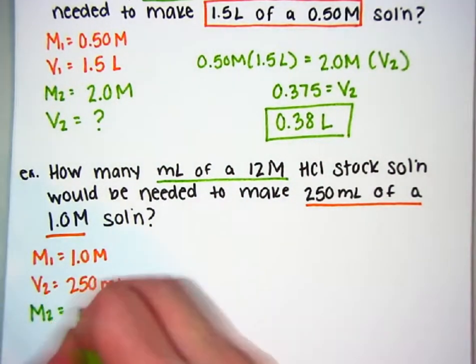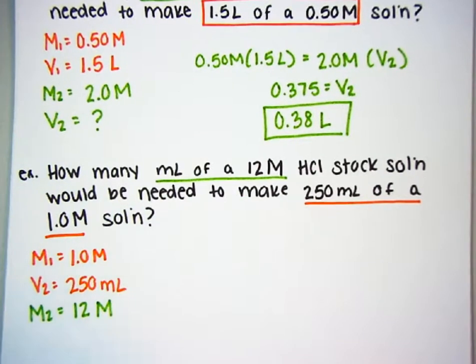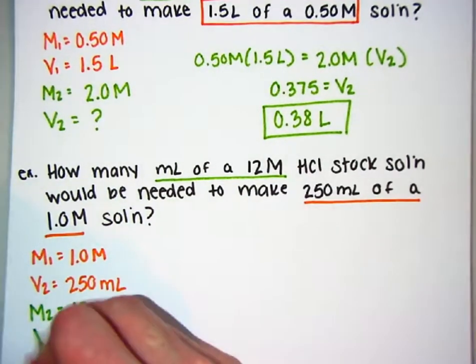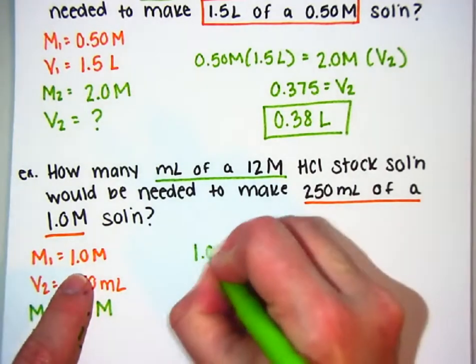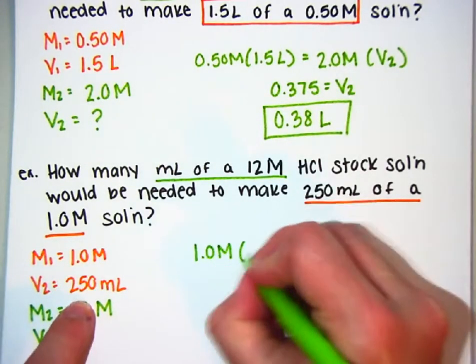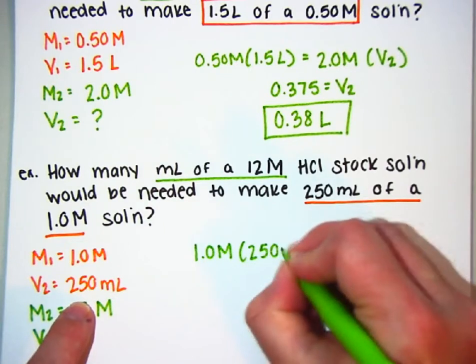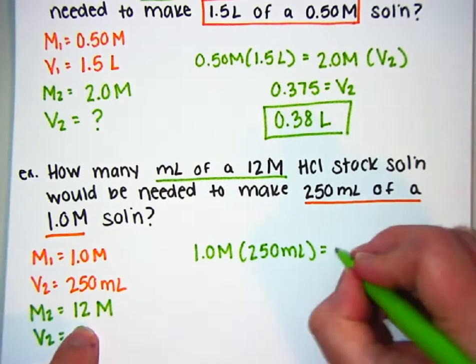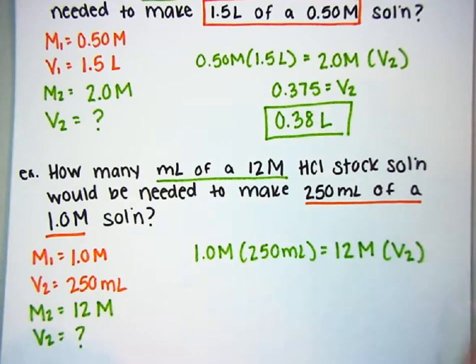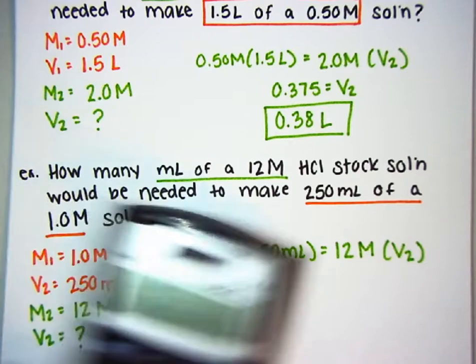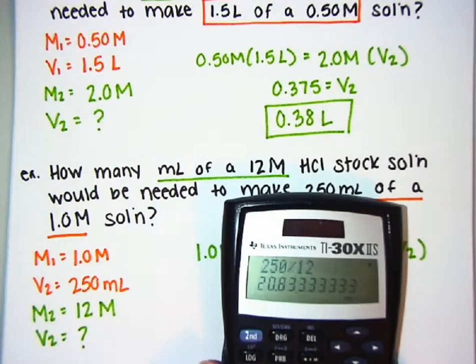That means M2 is 12 molar. We're solving for milliliters, so that will be V2. Plug and chug. M1 times V1 is equal to M2 times V2. So let's put this in our calculator. I get 20.83 repeating.